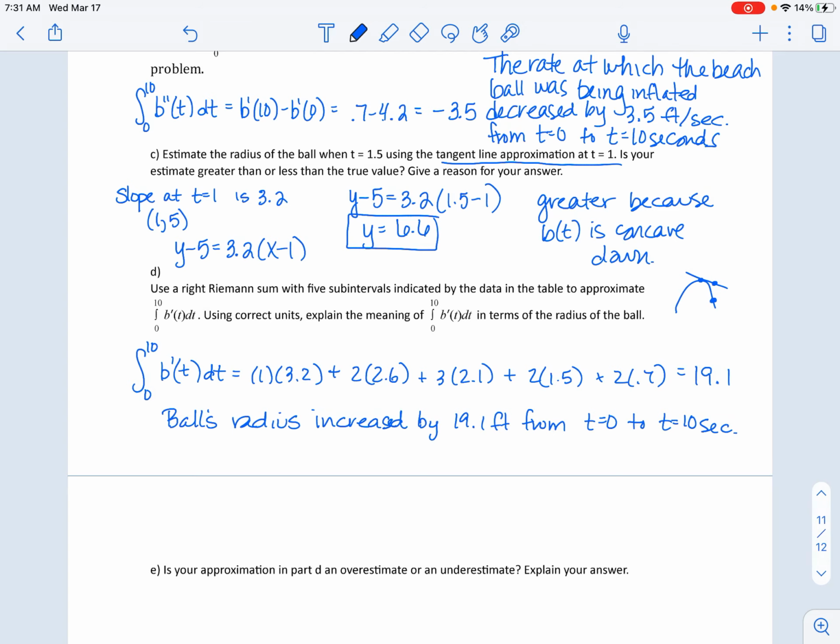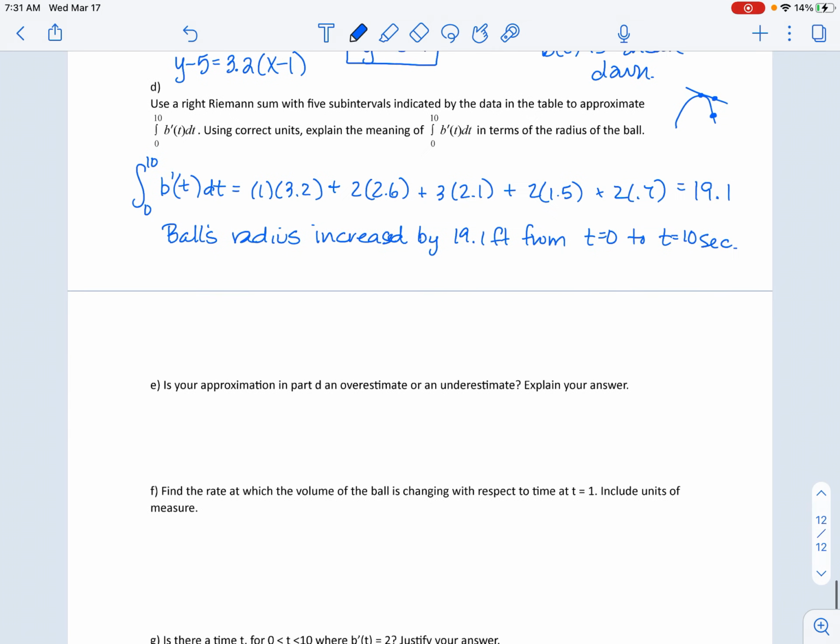All right, is that an over or underestimate? Well, since b prime is decreasing, if you draw a decreasing function and we draw a right Riemann sum on there, you see a decreasing function with a right Riemann sum, and so our approximation is an underestimate.